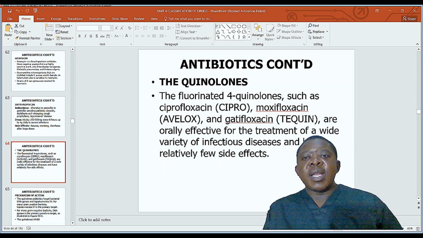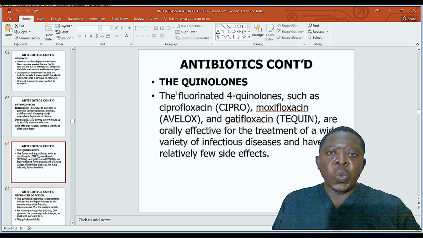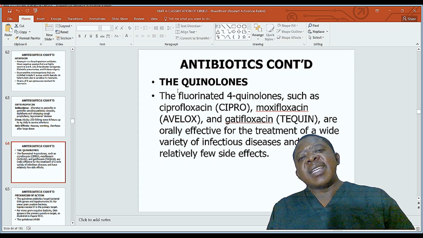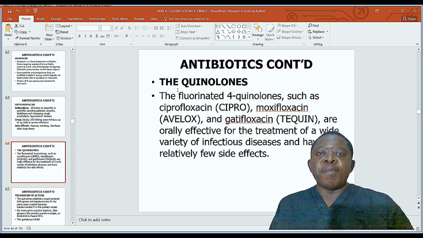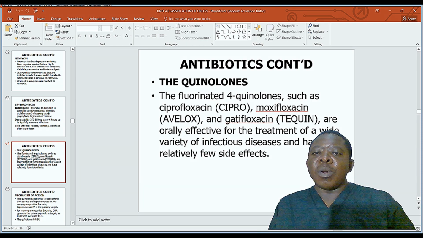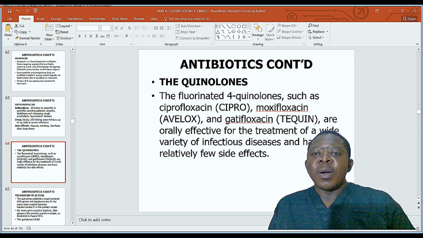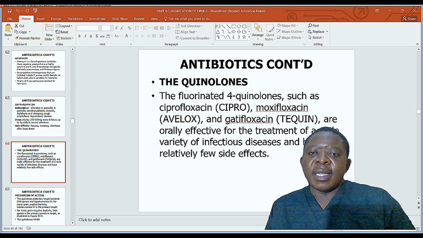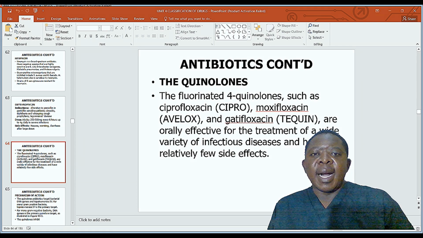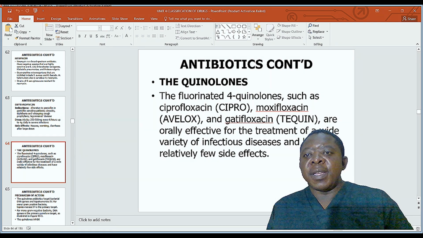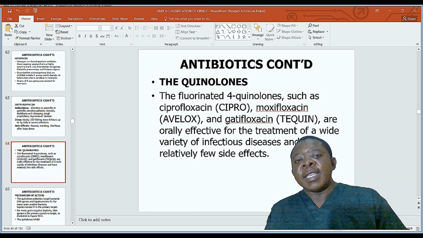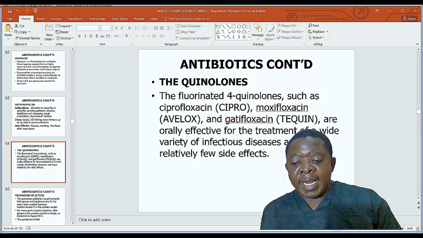Okay, so now we have quinolones. Quinolone is another group of antibiotics. These are fluorinated quinolones such as ciprofloxacin, Cipro, moxifloxacin, Avelox, and gatifloxacin, Tequin, which are orally effective for the treatment of a wide variety of infectious diseases and have relatively few side effects.